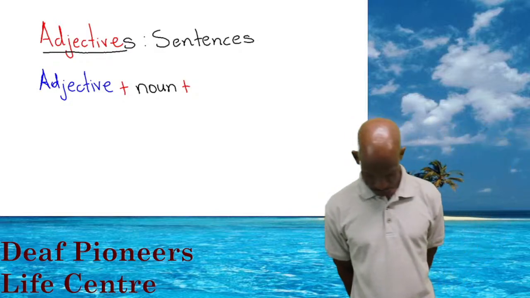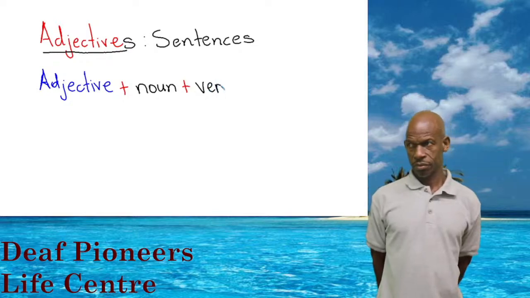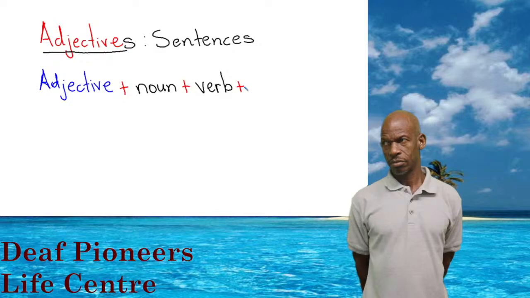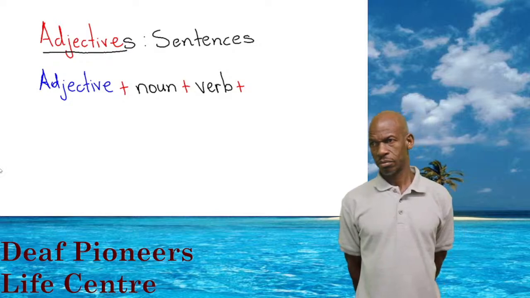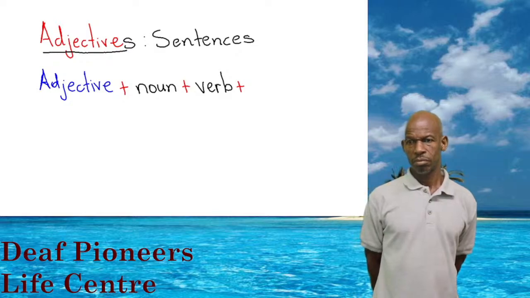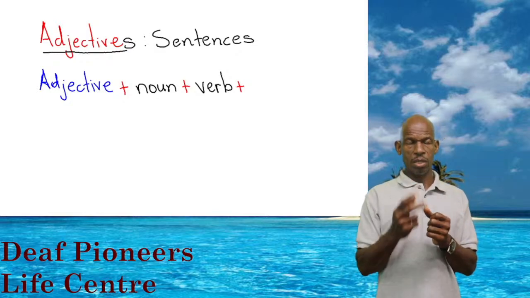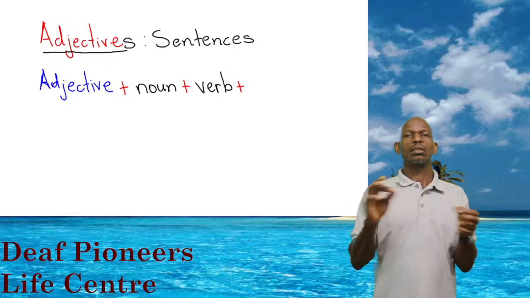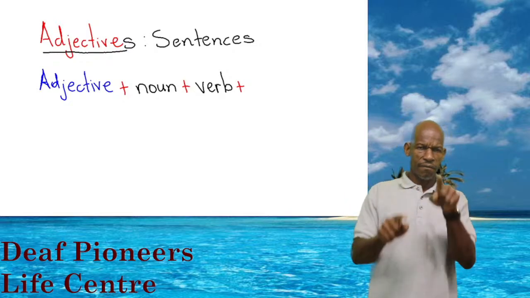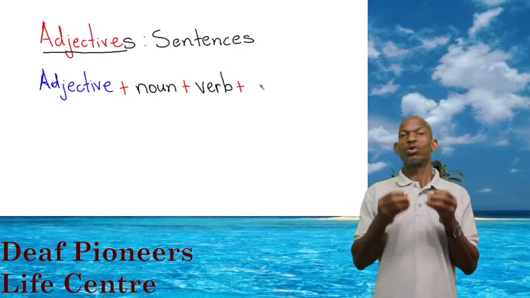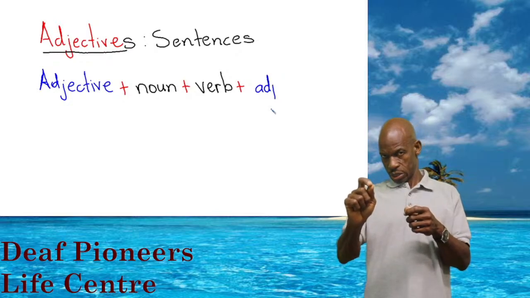Adjective, noun, verb, and then I'm going to put at the end, adjective. And you will notice how even the exception to the rule can come in there, where you have to use a and an. So adjective, noun, verb, and the sentence ends with an adjective.